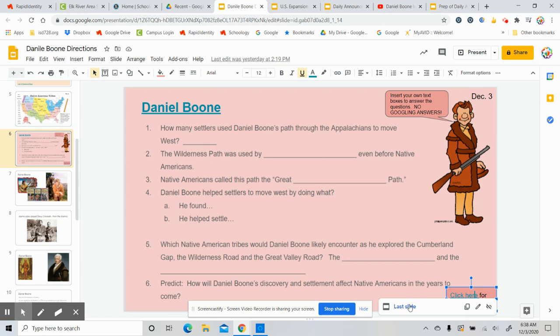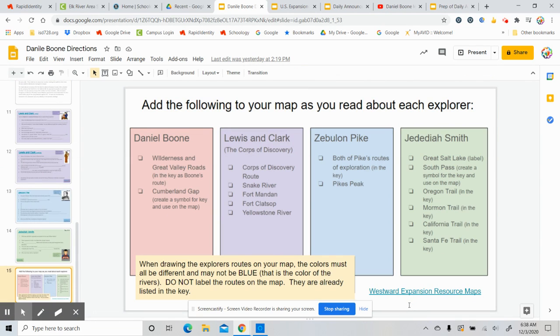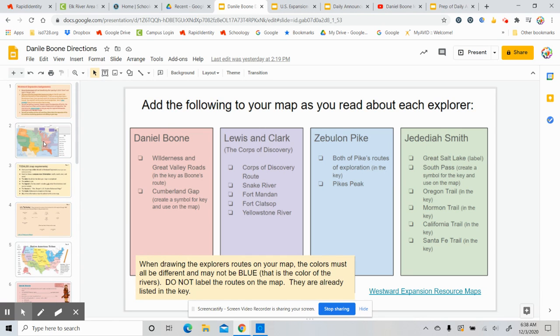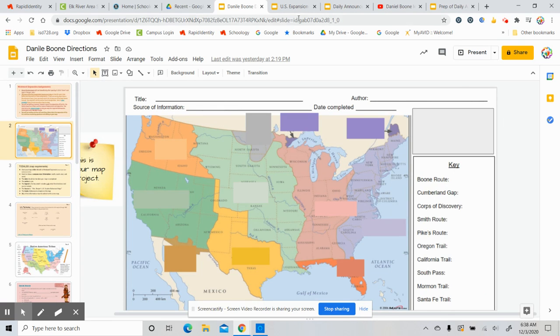So now the map, it says click here to do the map part. So here's Daniel Boone. Wilderness and Great Valley roads, and in the key it says Boone's route. So we're going to combine those to be Boone's route, and we need to put the Cumberland Gap on the map. So we're going to go up to the map that you're making, and let me show you a pretty nice trick here.